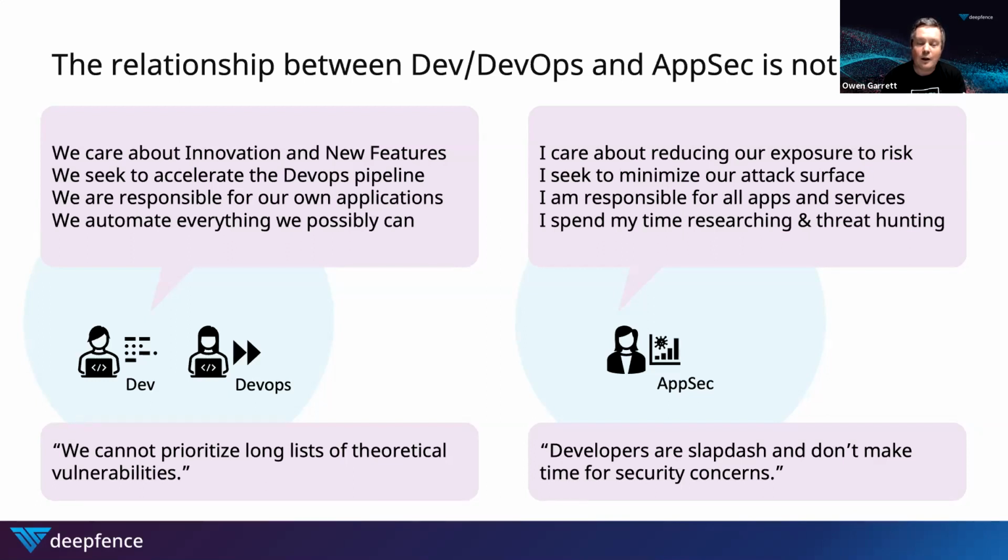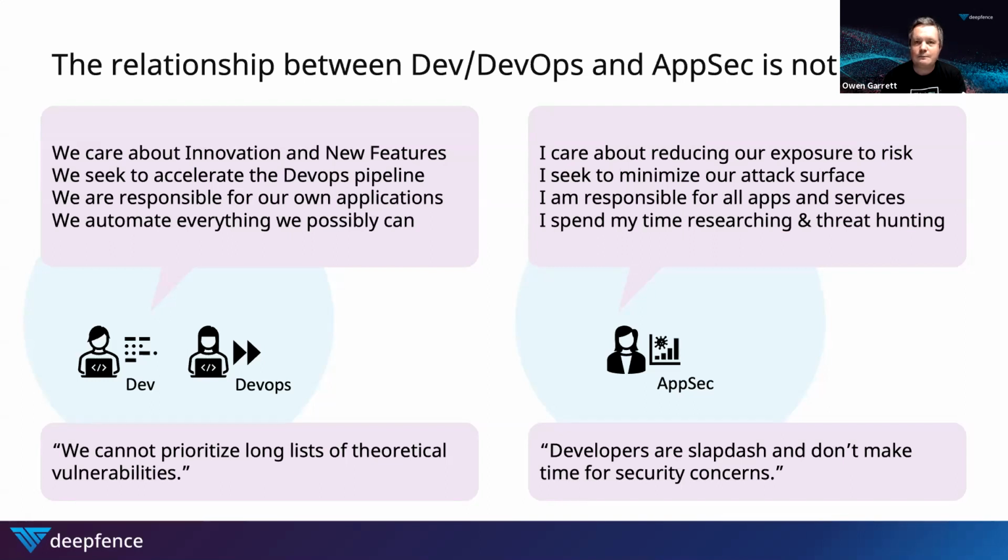And other than developing the code itself, they look to automate everything they possibly can so that it happens in the background and they can focus on what for them brings the most value to the business. They are not able in that context to prioritize a long list of theoretical vulnerabilities that require investigation and may or may not result in a potential exploit in an application that they've created.